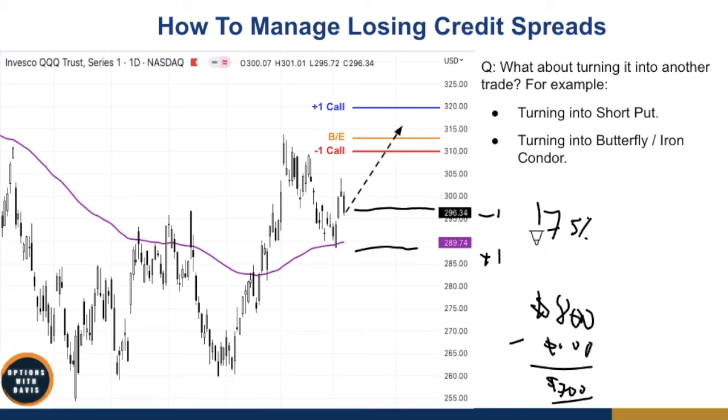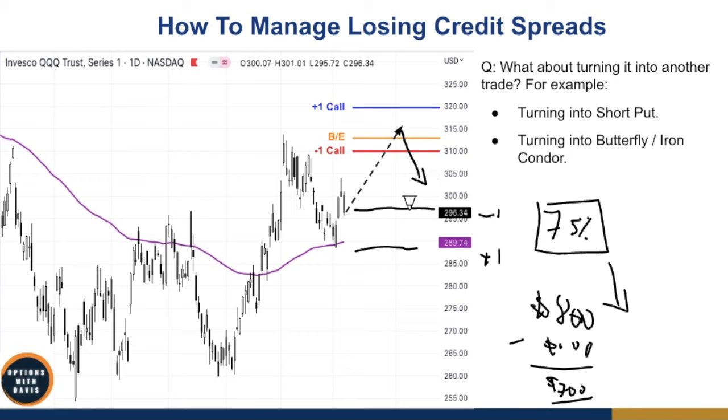But because you have put on this put spread, suddenly you have totally changed the dynamic of this trade, and now the probability of profit is going to drop. It's definitely going to drop, probably to less than 50%, because now you have really tightened up the space where it can be in profit, and in the case where the market goes down, it doesn't really have that much room for you to be in profit.